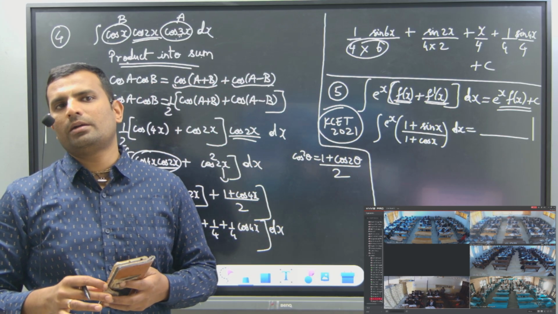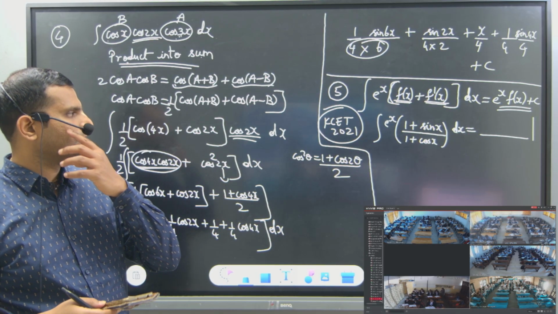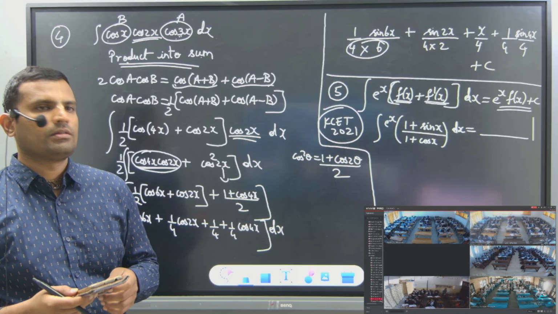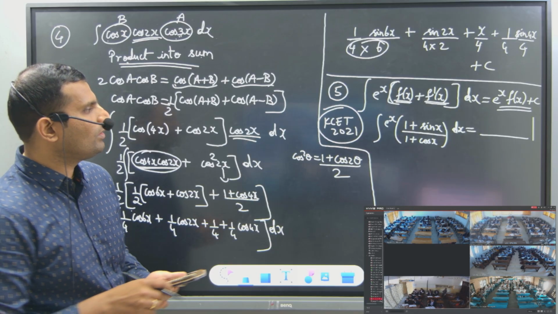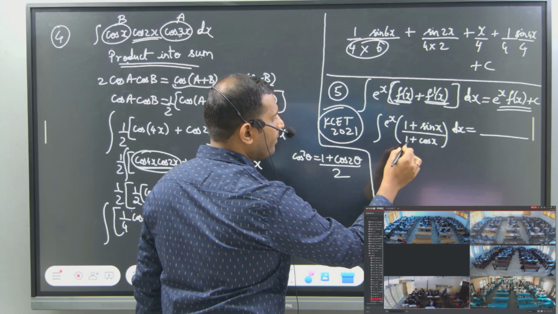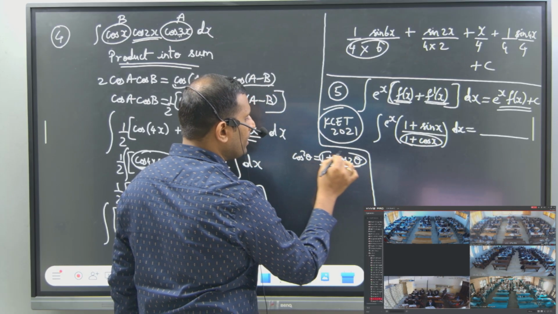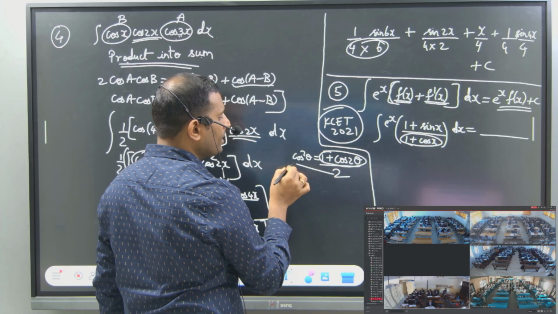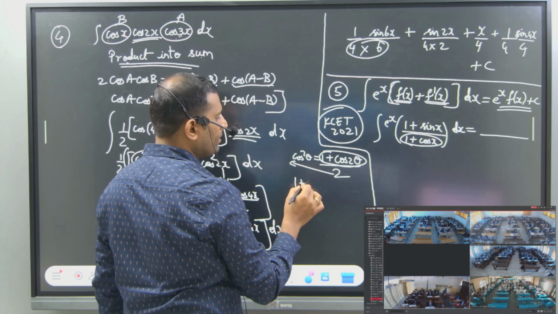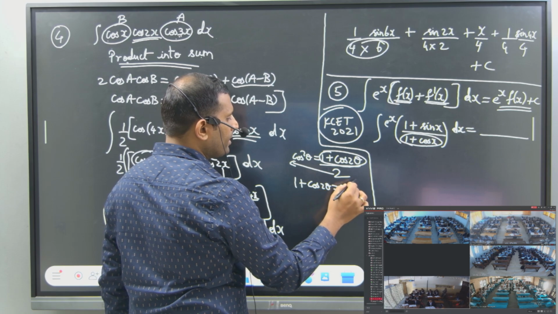First step, what do you think should be our first step? Split the term and 1 plus cos x. 1 plus cos 2 theta means 2 cos square theta.